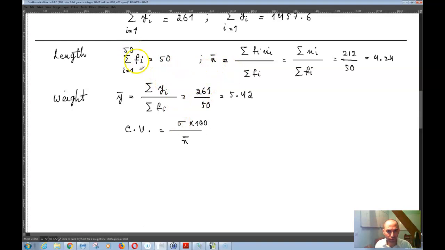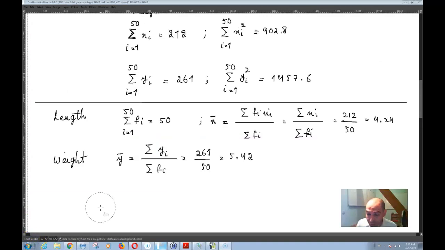Let's do this first for the length. First we need to calculate the standard deviation for the length, and then the standard deviation for the weight, and then we can calculate the coefficient of variation for the two, and compare which one is more variable.